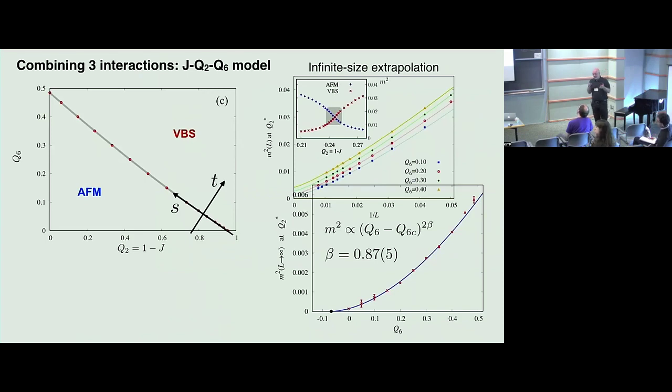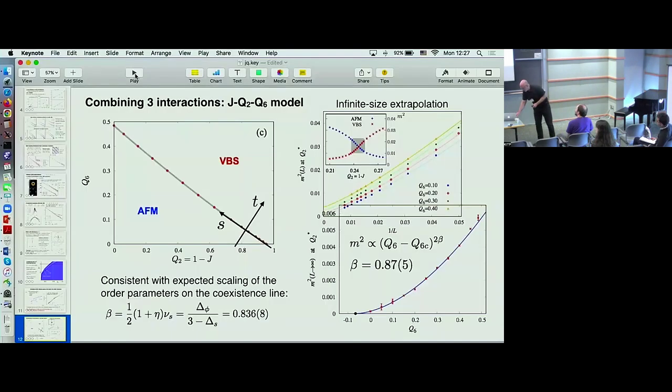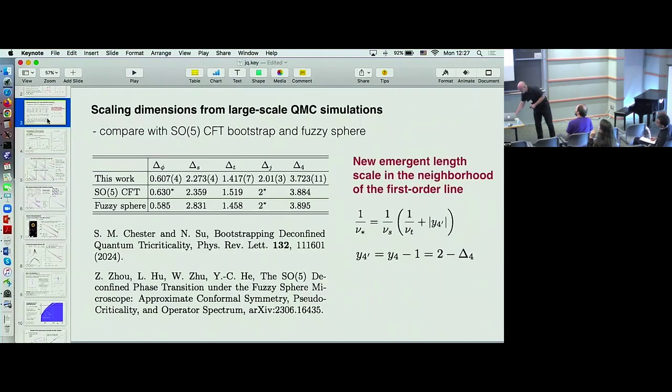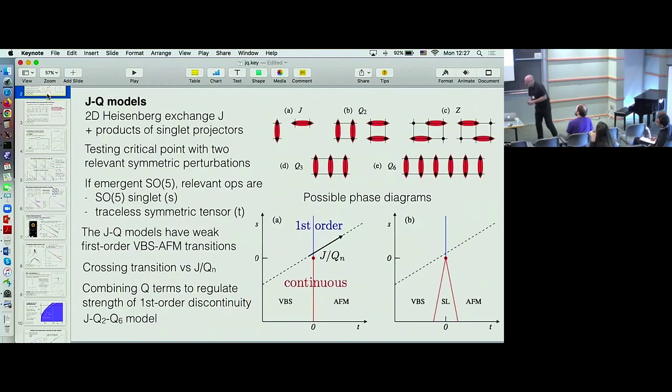But of course, there's evidence from lots of previous works that we actually have this kind of phase diagram here, right? That there's a spin liquid in the J1, J2 model, for example, between VBS and AFM.